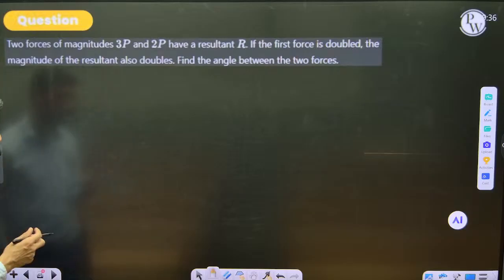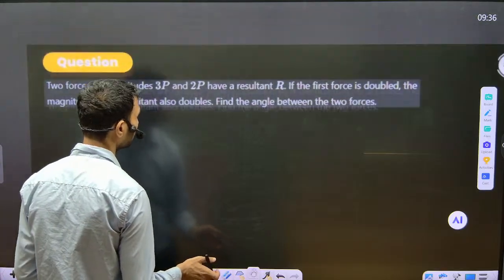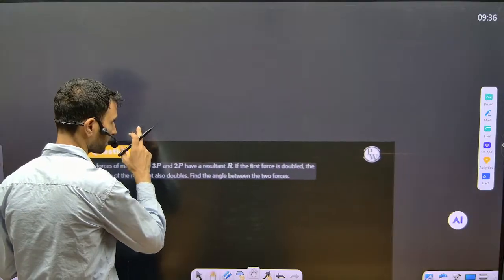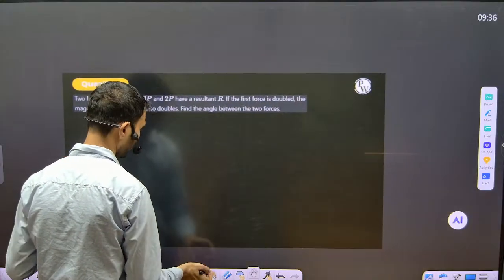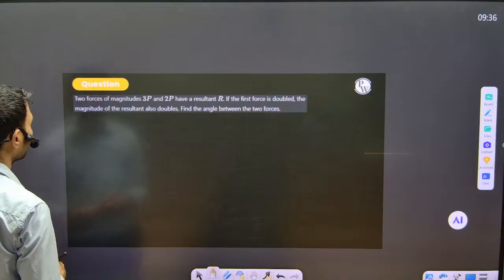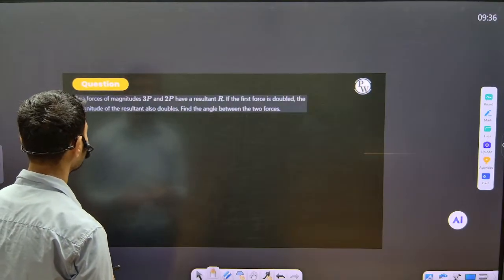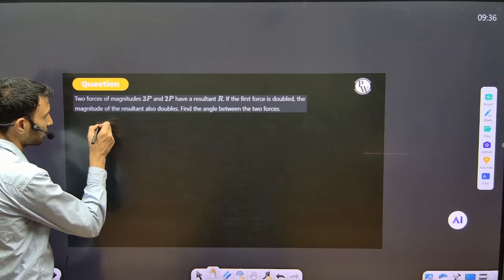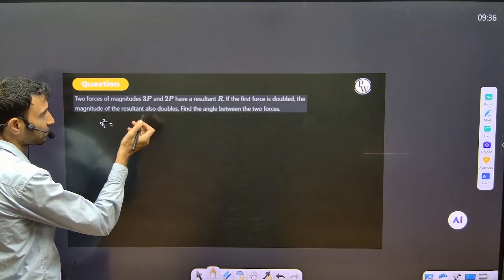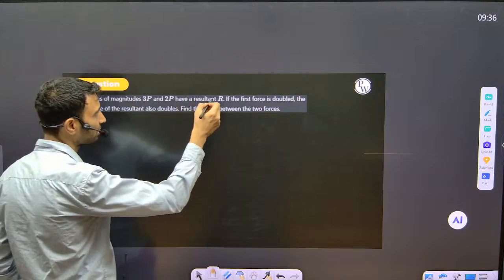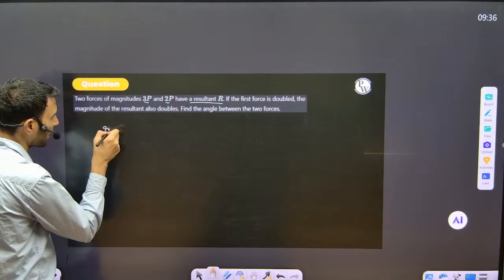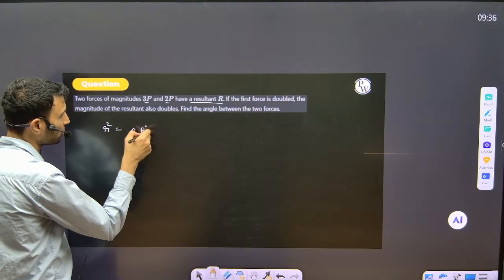So let's see this question. Forces of magnitude 2p and 3p have resultant R. So I can say that R square is equal to what? I can directly write the formula. Why? Because this is the resultant of 2p and 3p.